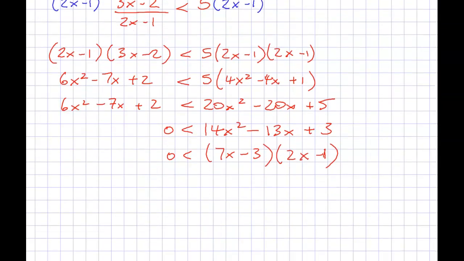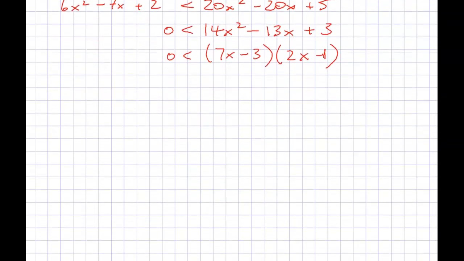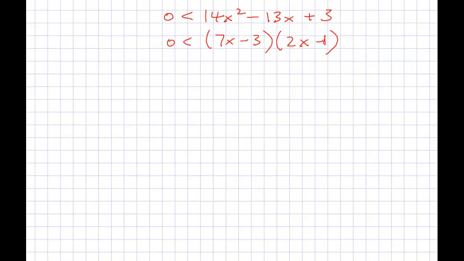So we now want to solve that to be able to get the critical values. So we end up with x being equal to 3/7, or x being equal to a half. So they're my two critical values, 3/7 and a half.